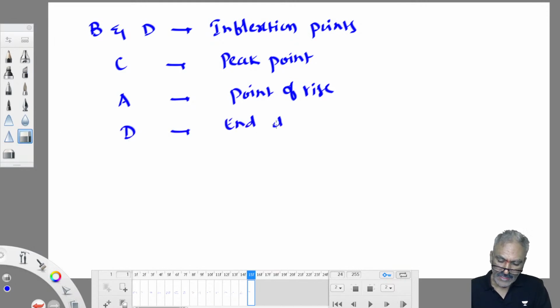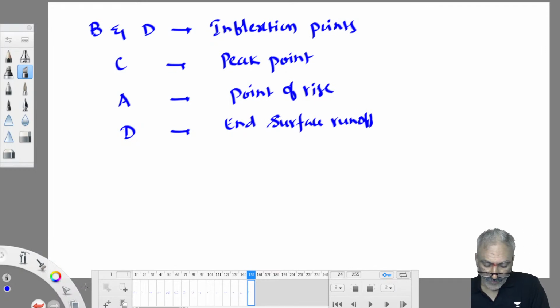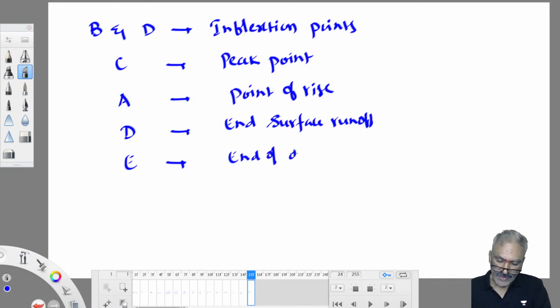Direct runoff includes surface runoff and interflow. So, even though surface runoff stops contributing, we still have direct runoff in the form of prompt interflow. The direct runoff stops at point E, end of direct runoff. That means interflow also stops.